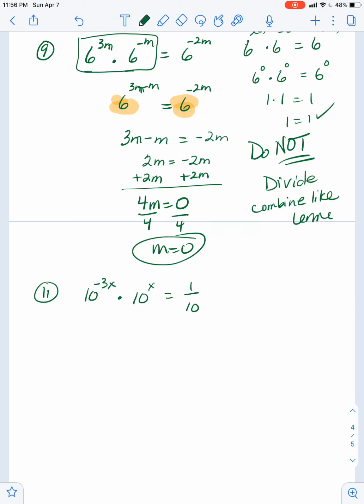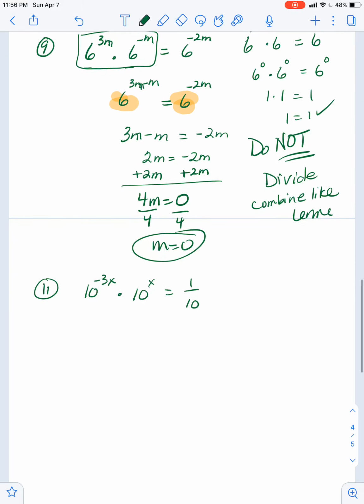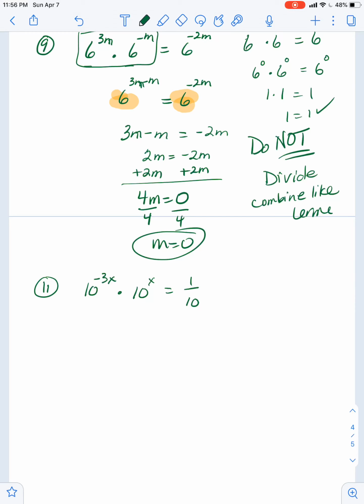Now, I showed you an example of this earlier on there. So these are bases of 10. This is 1/10. So anytime you have the fraction and the others are whole numbers or vice versa, the easiest thing to do is change this to a negative 1 because that means reciprocal. Okay? These two, since they're on the same side, they're multiplied together.